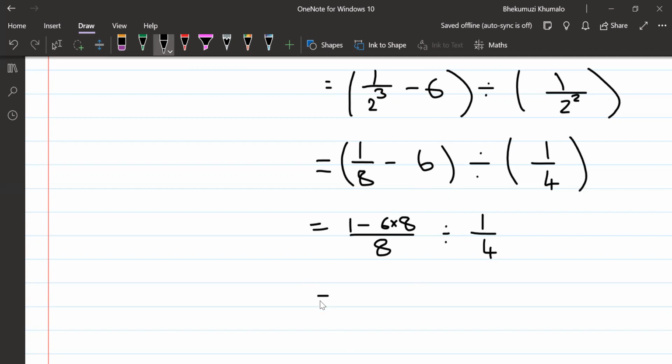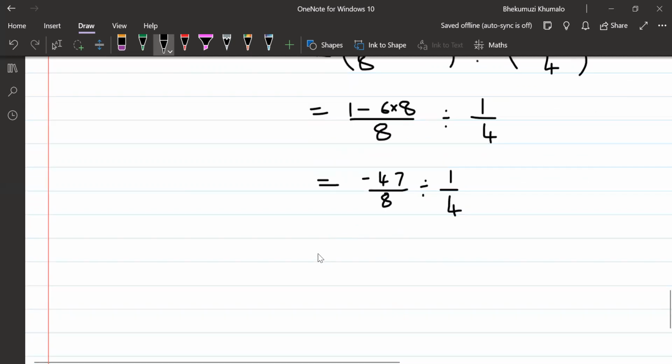So what would you get there? 1 minus 6 times 8 would be minus 47. So it's minus 47 over 8, divided by 1 over 4, right?